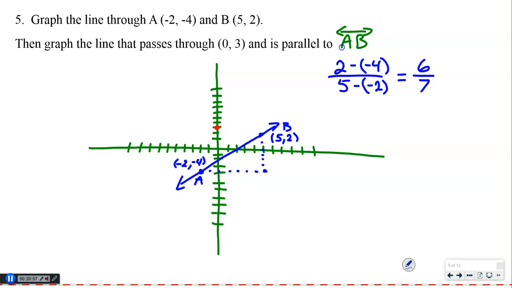So yes, that is our slope. It matches up. So we need to draw our line through the red dot with a slope of 6 over 7. So we need to go up 6, and to the right 7.